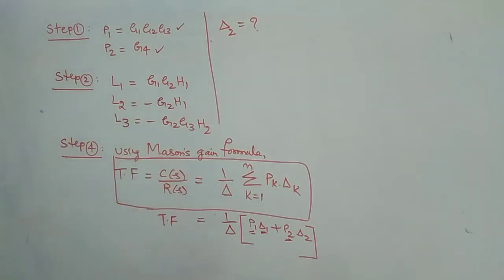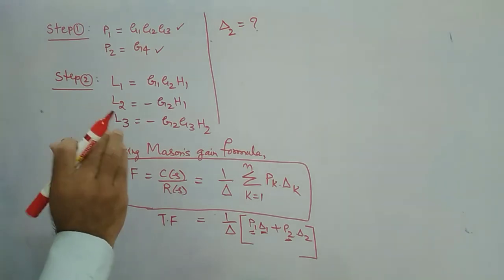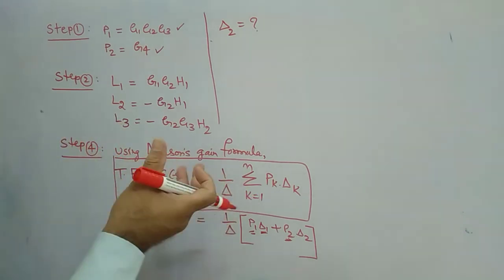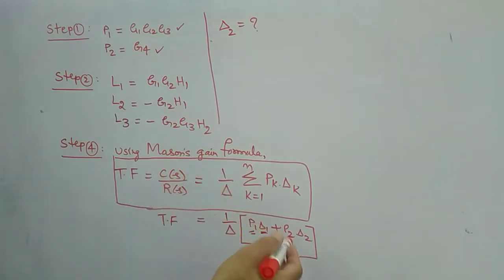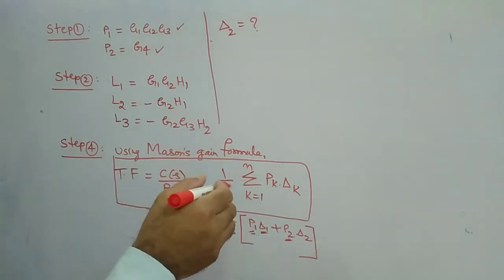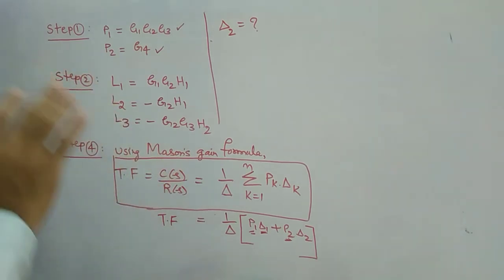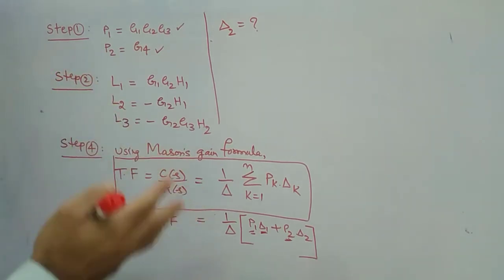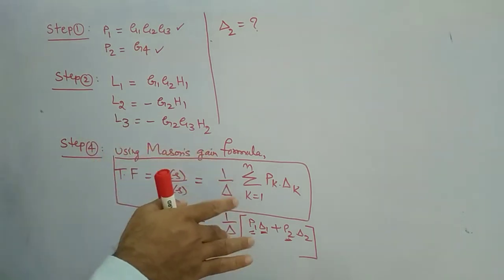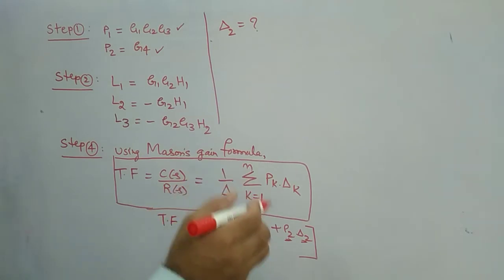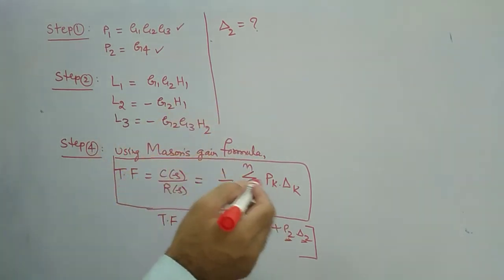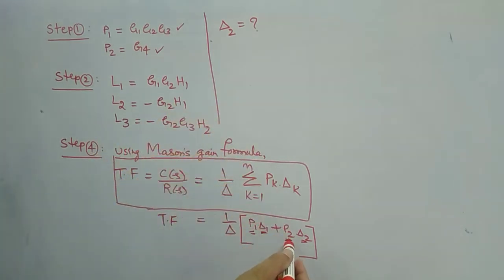Understood? So what is the condition with respect to that particular path? If all the loops touch the forward path 2, like P1, then delta 2 is also 1.